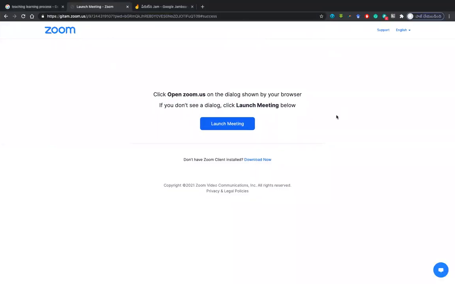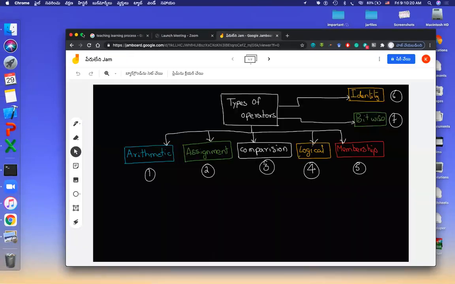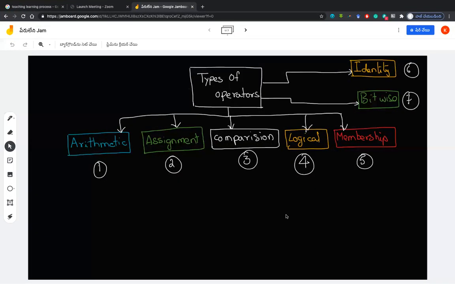So yesterday we discussed these things. Let me share the screen. Right, so I think we have been in operators. We have discussed the membership operators, and if we need to go to identity operators, identity is something like when you have equal values.